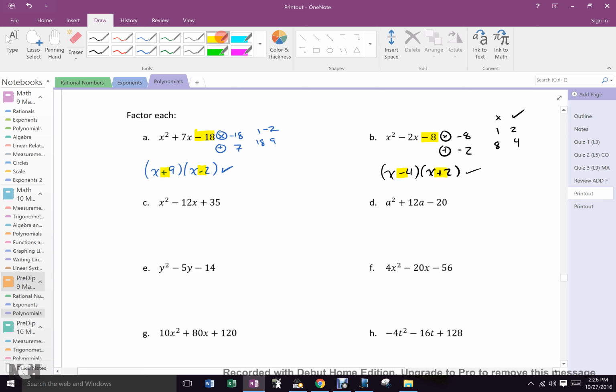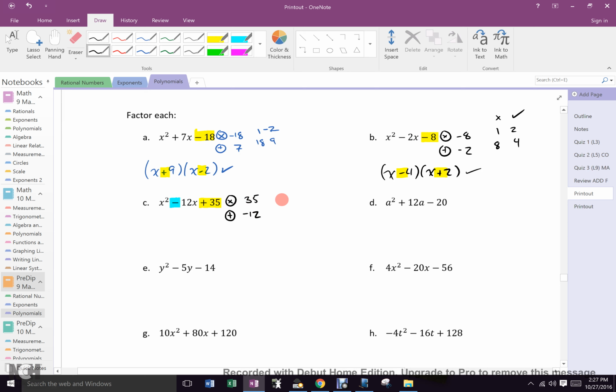All right, now, look at the next one and what's different. That's a positive, but what's that? Negative. So, I need to multiply to what? 35. And add to what? Negative 12.